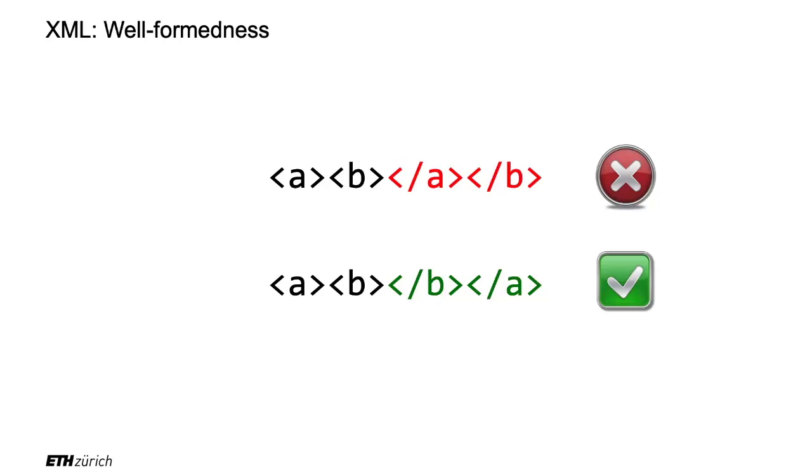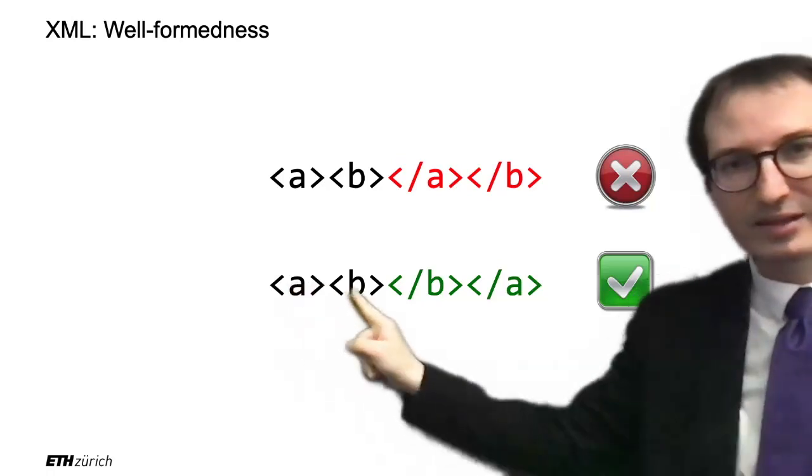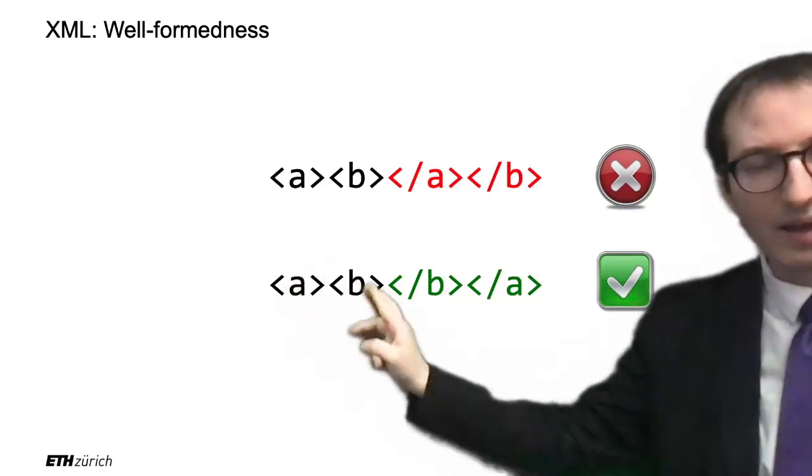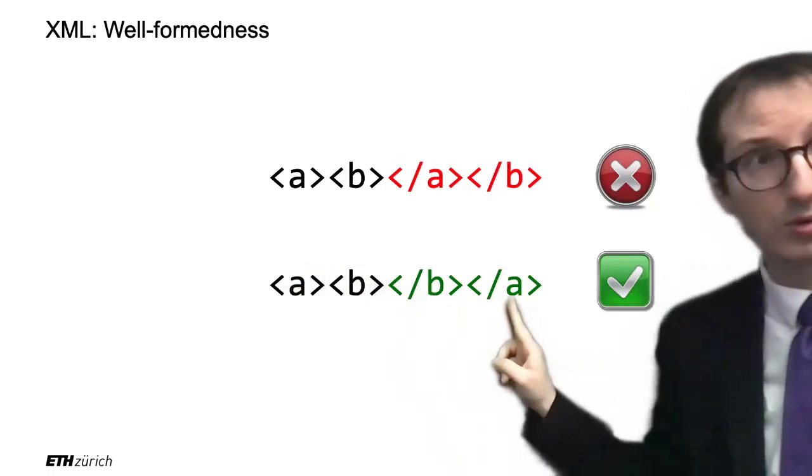Then, have you heard in theoretical computer science of well-parenthesized expressions? Right? It's a bit similar. The way you close your tag has to follow a rule. So for example, if you open tag A and then you open tag B inside tag A, then you need to close B first and then close A, right?